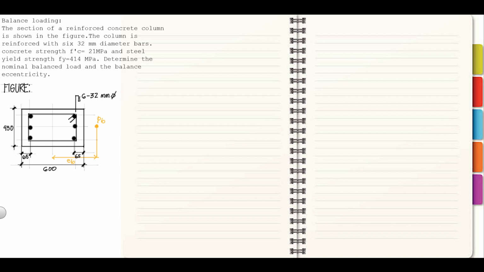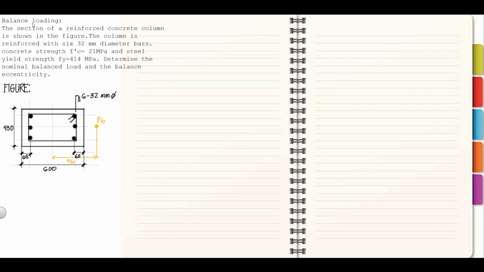For today's lesson, we're going to discuss balance loading on column.